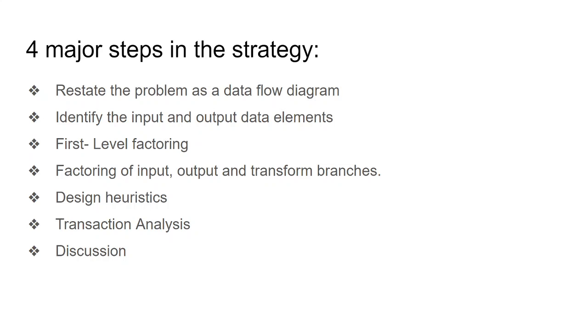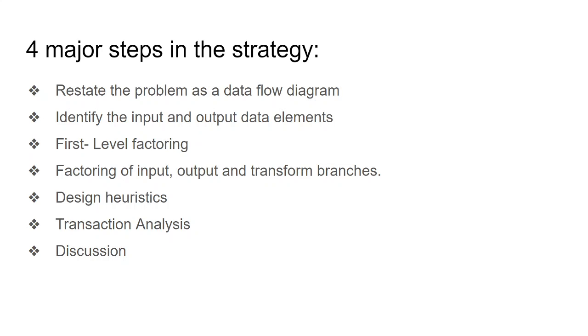What is the first level factoring? You have a design and you are trying to decide what is the first thing that has to be done. That we call the first level factoring. That is, you are trying to simplify the whole system into where you have to start the system.